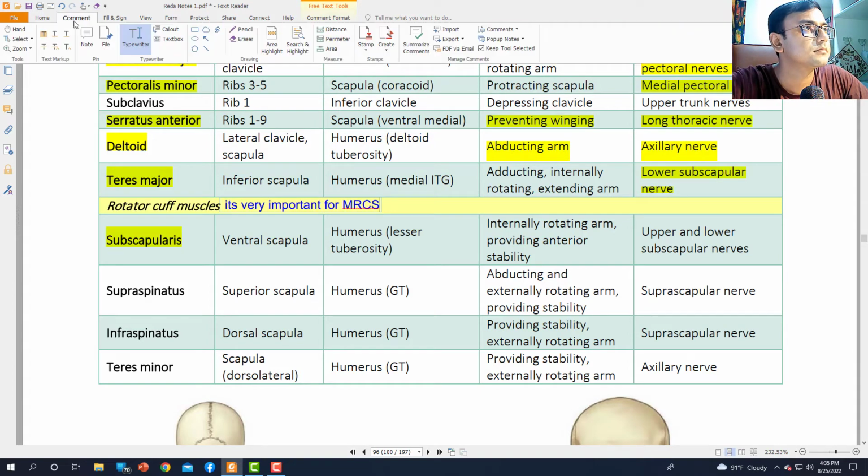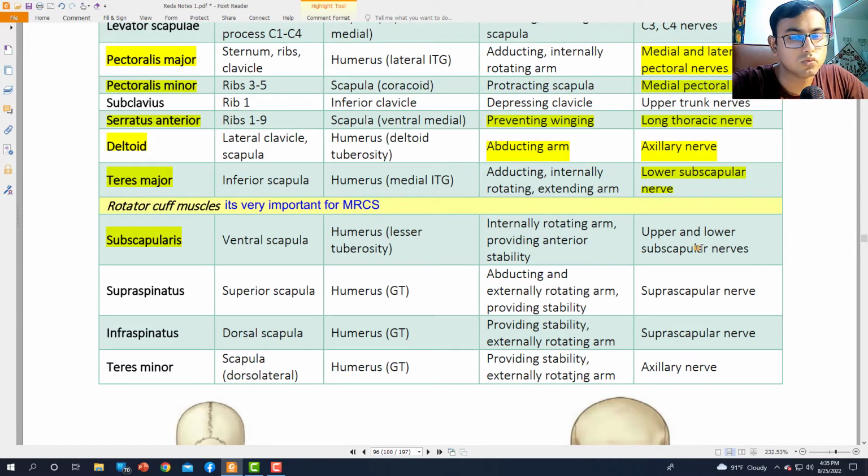So try to recapitulate it: subscapularis, supraspinatus, infraspinatus, teres minor, not major, teres minor. Supraspinatus, infraspinatus, subscapularis. Subscapularis is supplied by the subscapular nerve, upper and lower subscapular, not middle subscapular.